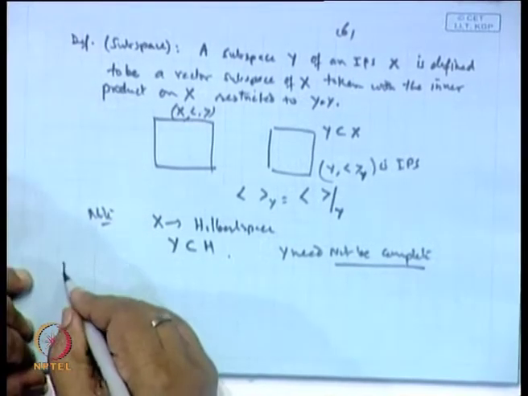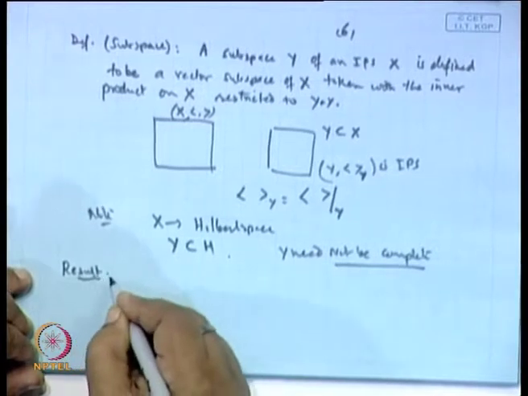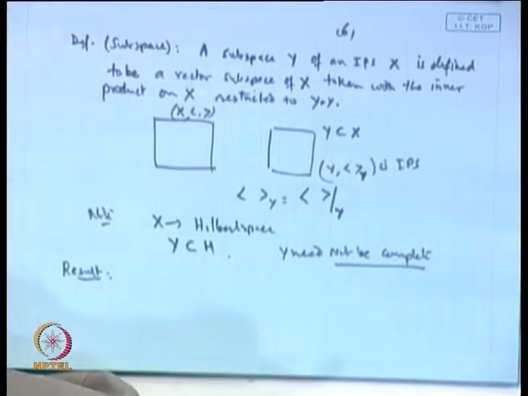Then we have some results, and the proof runs on the same line as we did in case of norm space.